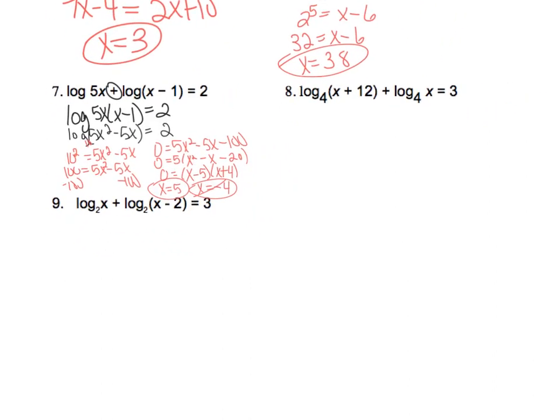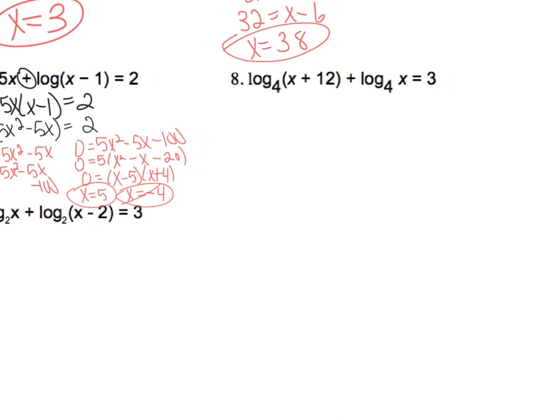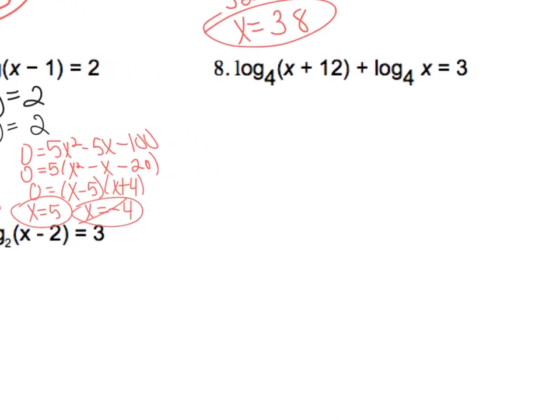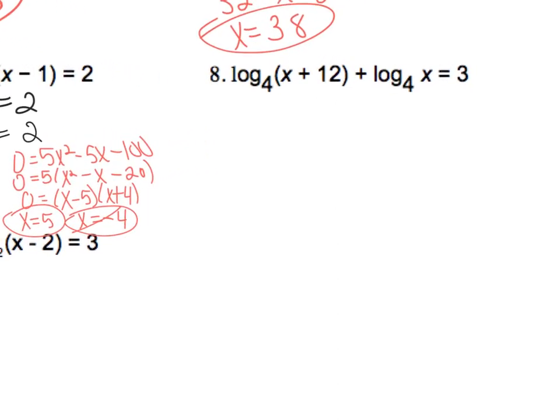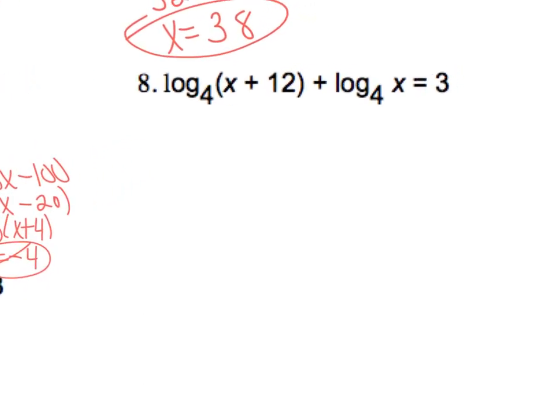Okay, so let's take a look at another one. These are just some more examples of the exact same kind of problem. Log base 4 of x plus 12 plus log base 4 of x equals 3, which means using that property that if they're added together, condense them by multiplication, I'd have log base 4 of x times x plus 12 equals 3.